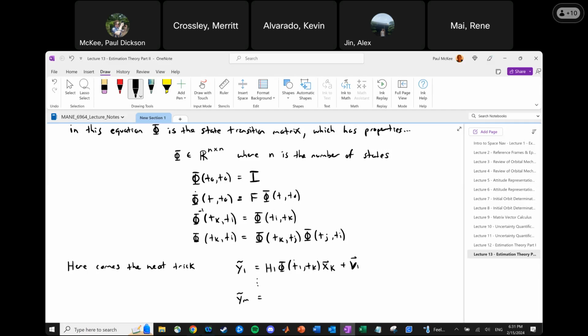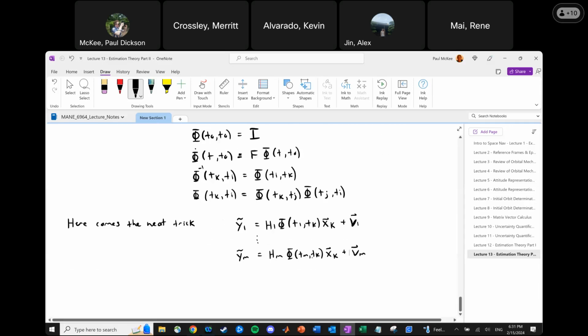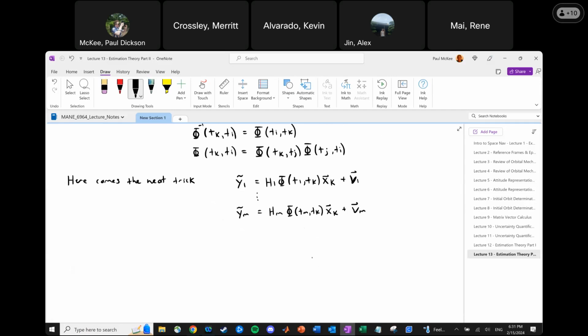So ym is Hm Φ from tk to tm xk plus the noise. Or in vector form, we get y, our measurement matrix, which these measurements are taken at all different times, is equal to, and this is essentially going to look like this, H1 Φ(t1, tk).